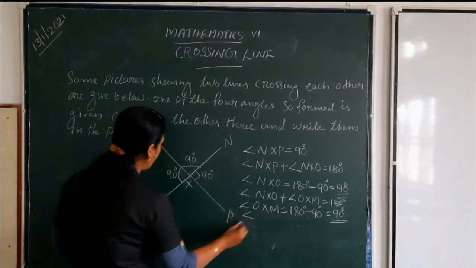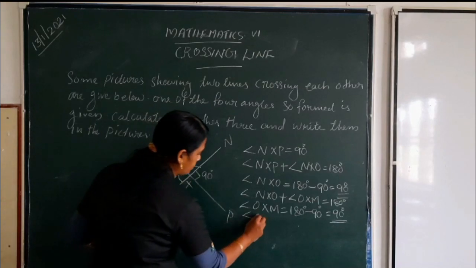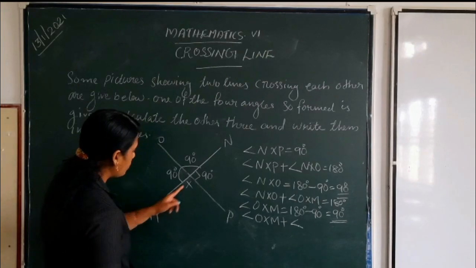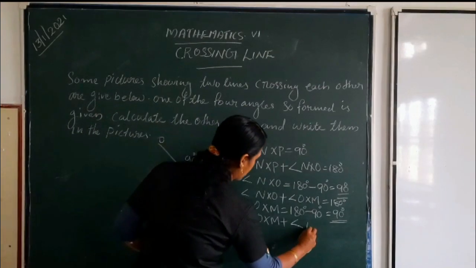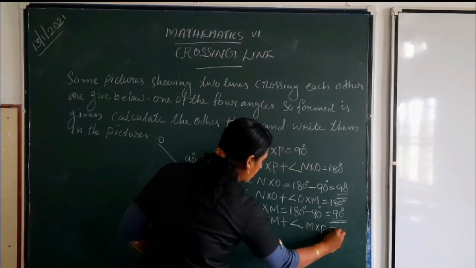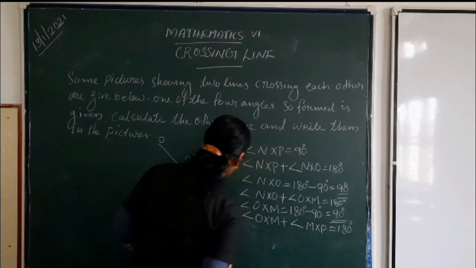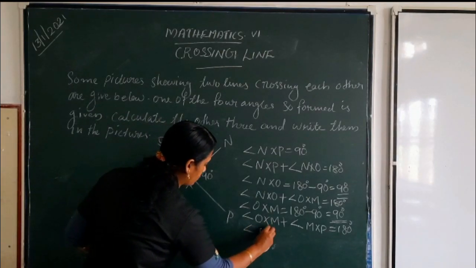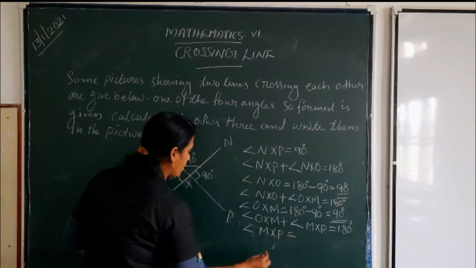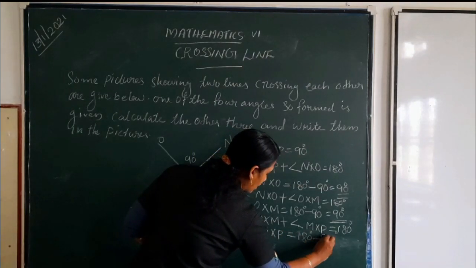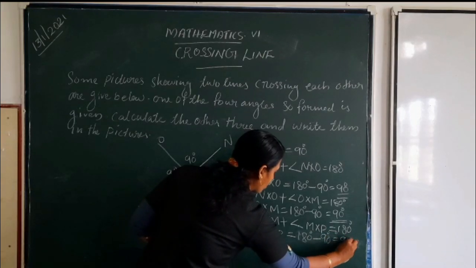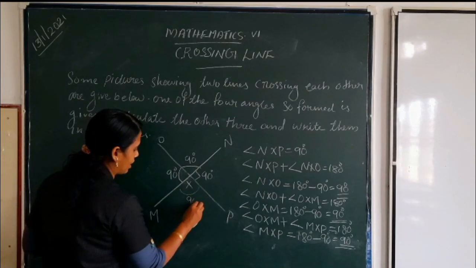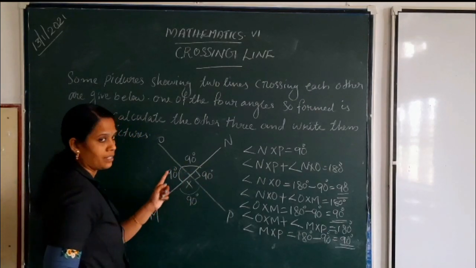Next one, angle OXM plus angle MXP is equal to 180 degree. So angle MXP is equal to 180 degree minus 90 degree is equal to 90 degree. So this angle also 90 degree. So each angle is 90 degree.